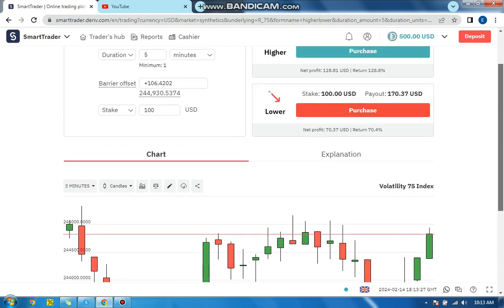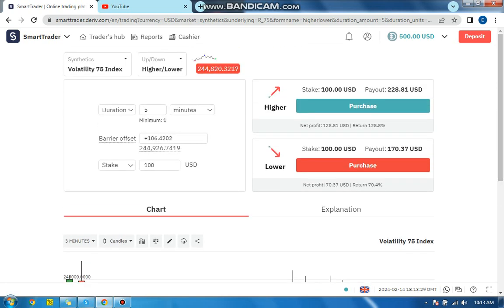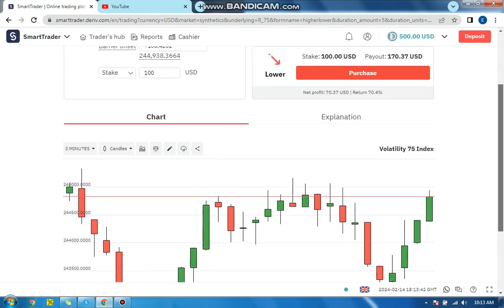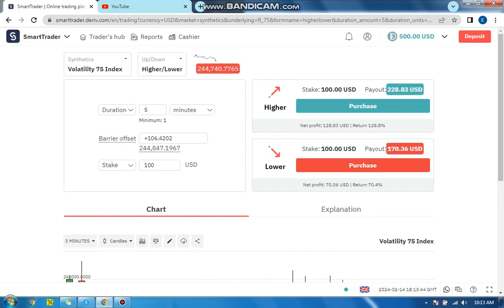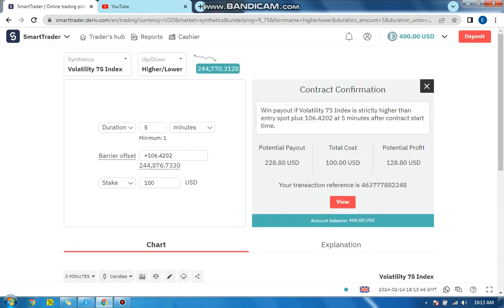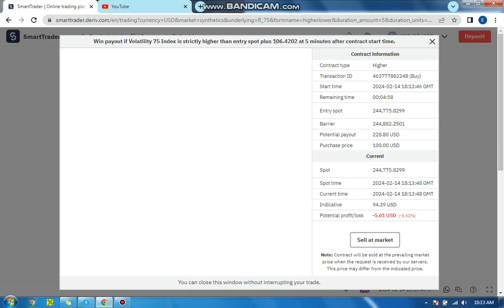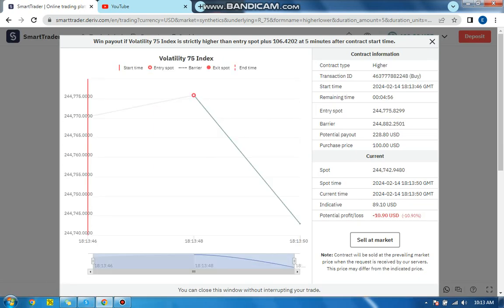The moment it shows us the red tick or the blue tick, we will take the trade. If it shows us the red tick, we will take the trade upwards. Okay, we're gonna take the trade upwards, and now let's see over here.